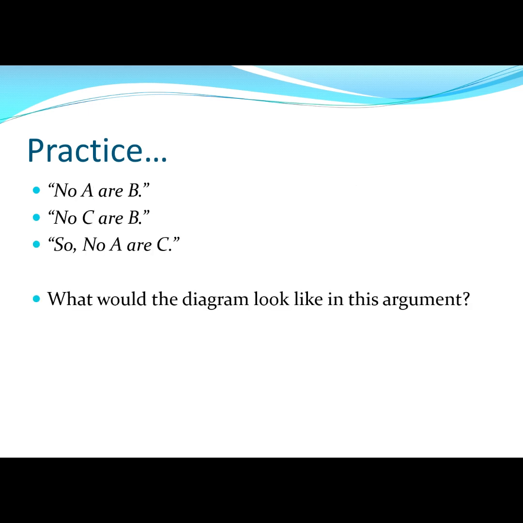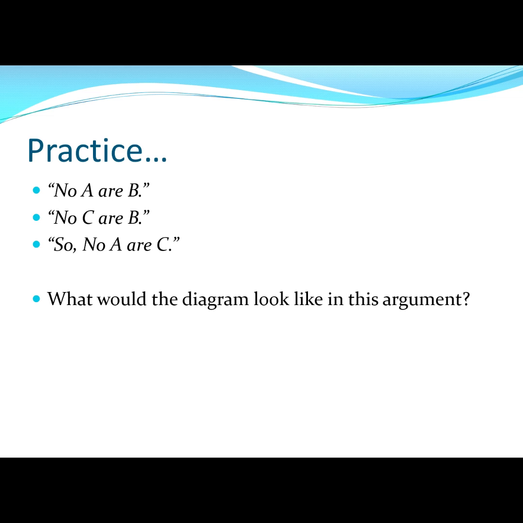All right, the next one. What would the diagram look like in this argument? We have no A are B, no A are C, no C are B. Try to say this three times really fast.